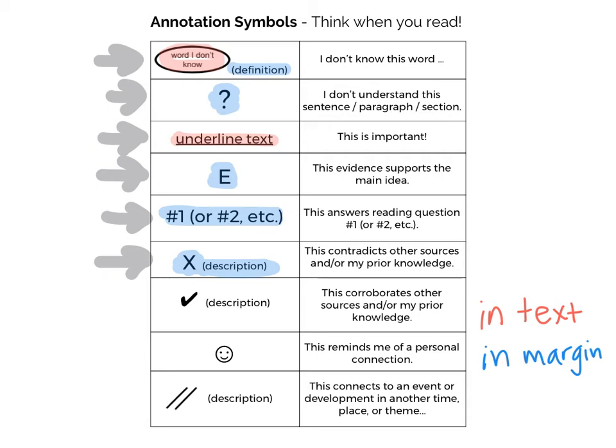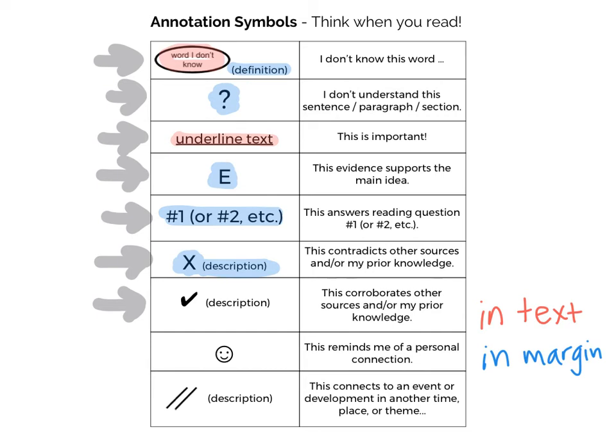The next symbol that we have is a check mark, and this is basically the opposite of the last symbol. If you see information that corroborates other sources or corroborates your prior knowledge, then you would put a check mark and you would put a description of the corroboration.